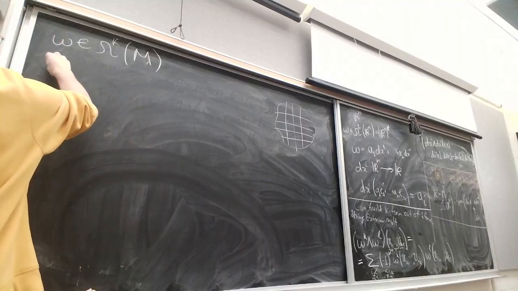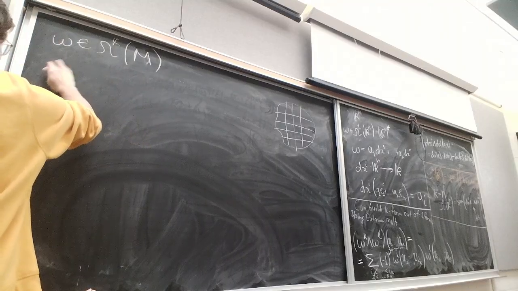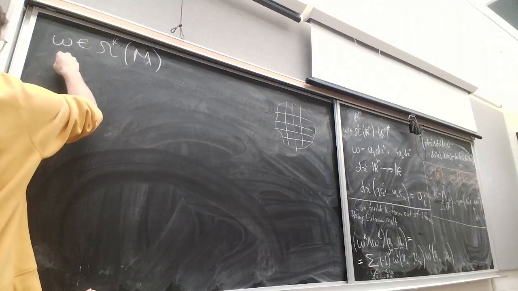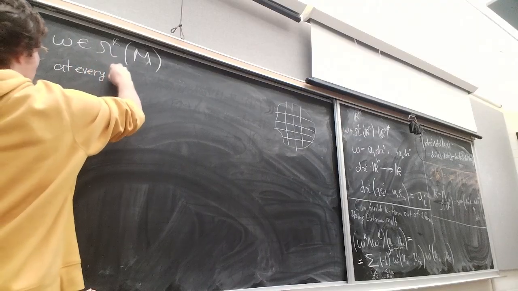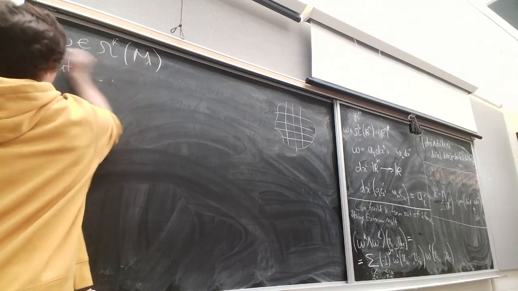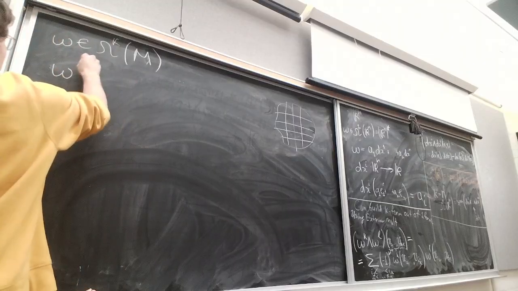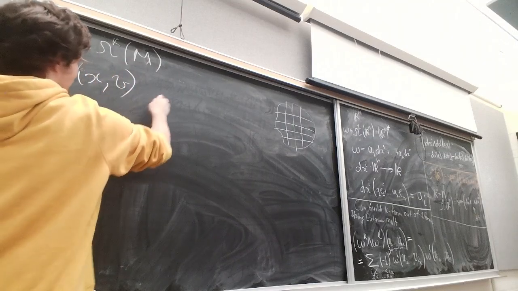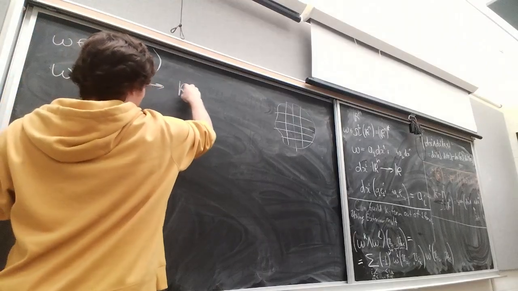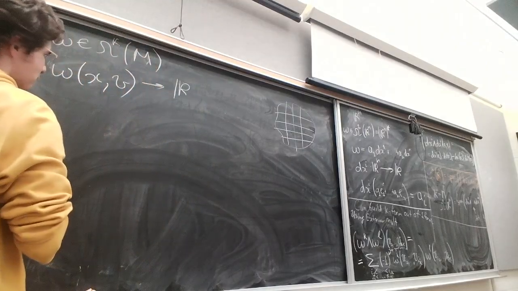It's going to be something that takes in a point on the manifold and a vector and is going to output a number. Okay?